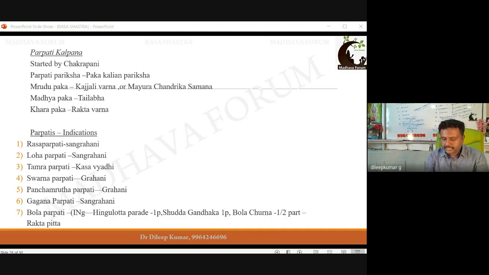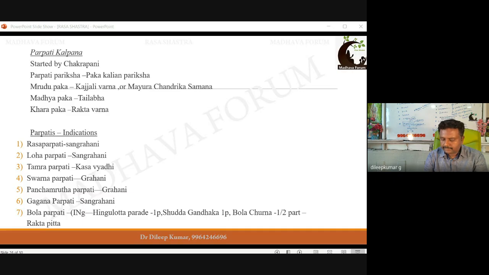So Sangrahani with Kshaya, Atisara, end stages of Atisara, Arsha, and Pravahika are also indications. We can compare these to modern inflammatory bowel disease and chronic amoebiasis. In those conditions also we can use Swarna. Grahani with Dhatukshaya.